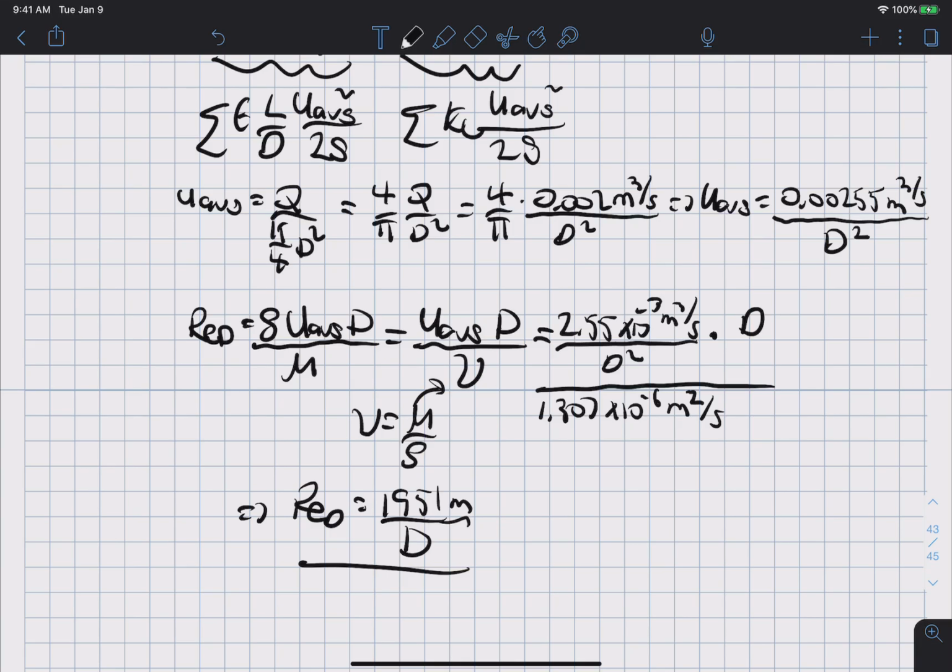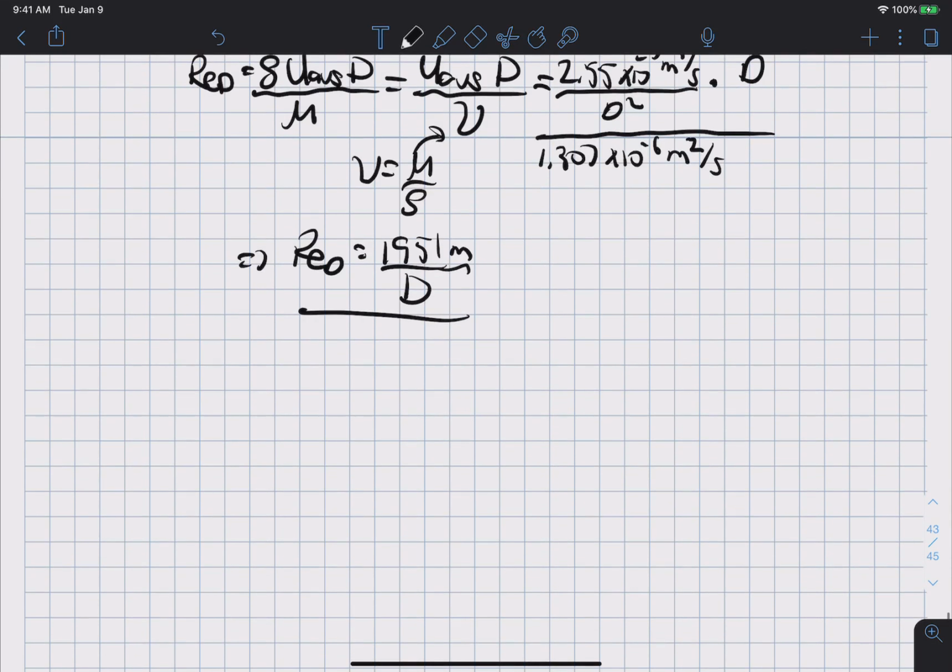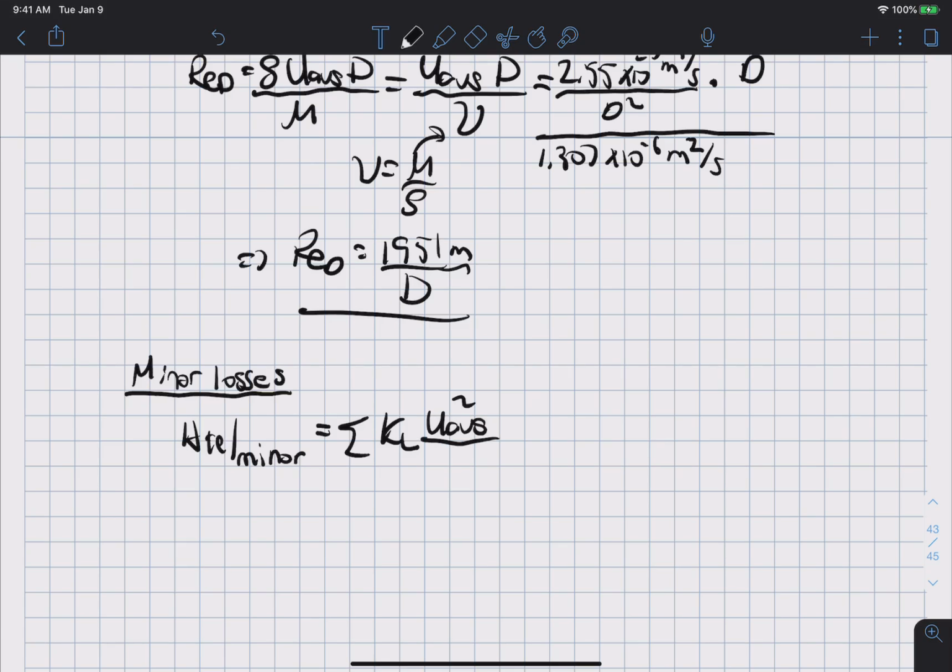So now we are prepared to find the major and minor losses. I'll start with the minor losses because those are a bit more straightforward. The minor losses, which again are due to fluid frictional effects as it gets turned or interacts through some piping components such as a valve or an elbow or an inlet from a tank, something like that. And so the minor head loss is the sum of the loss coefficient for each component times the average velocity squared in that component divided by 2g.